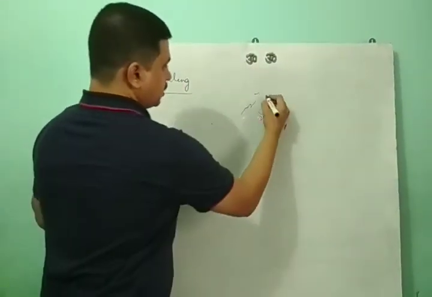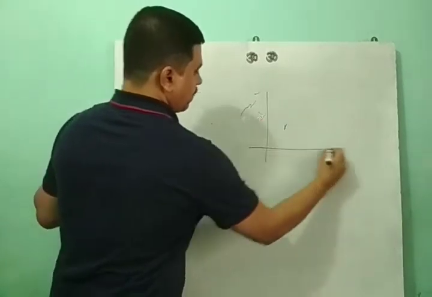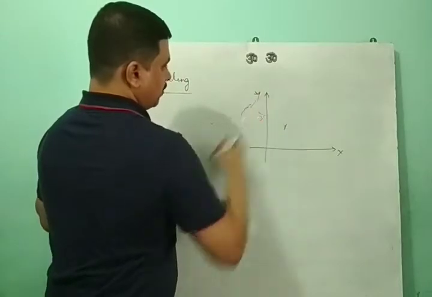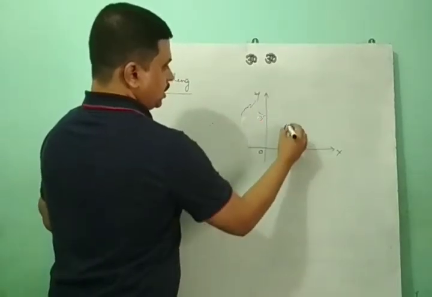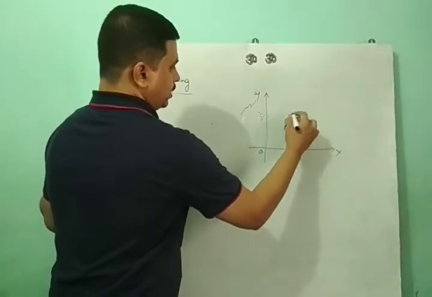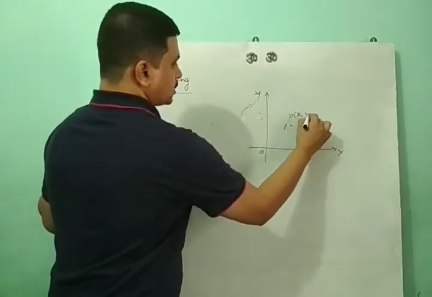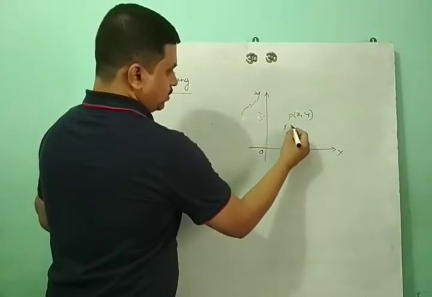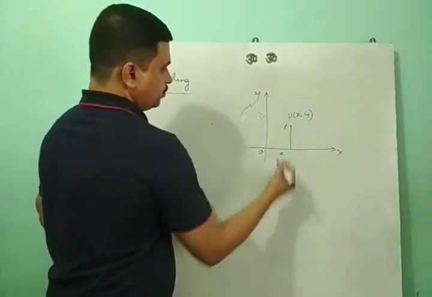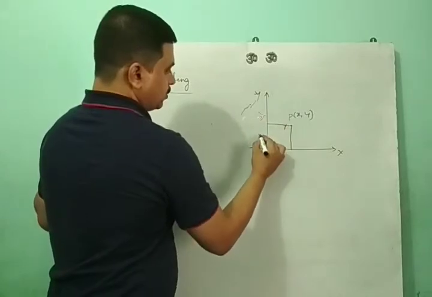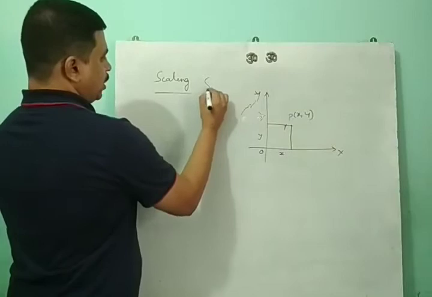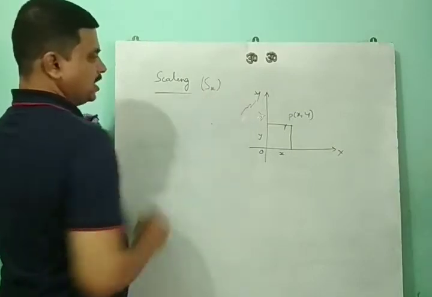So let us consider a coordinate system: x-axis, y-axis and the origin. Let us consider an object P located at x comma y. That means this is the x coordinate value, this is the y coordinate value. Suppose Sx is the scaling factor.